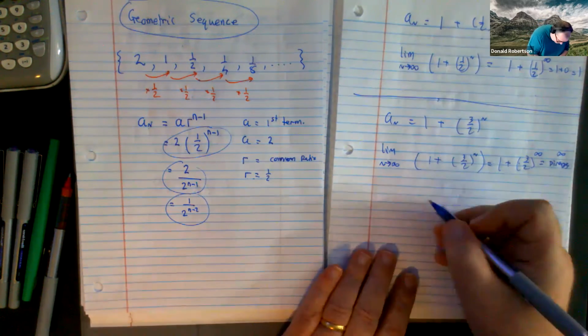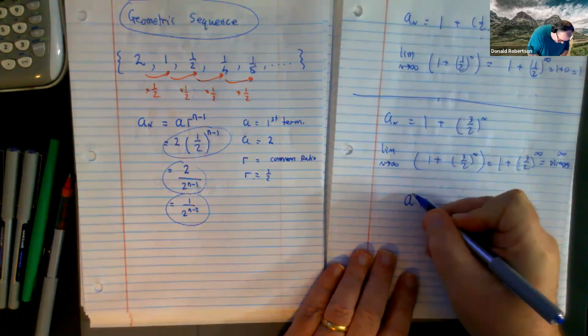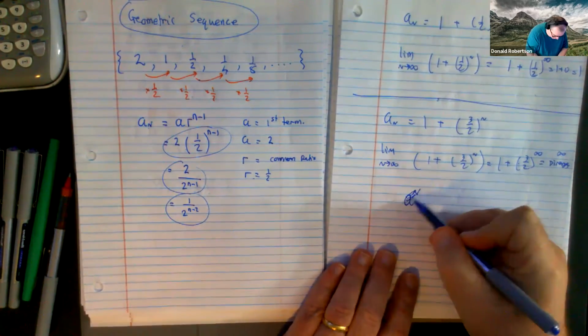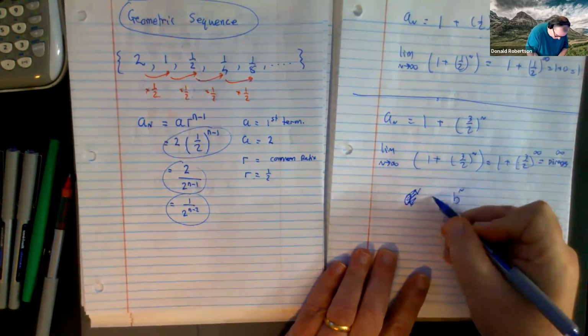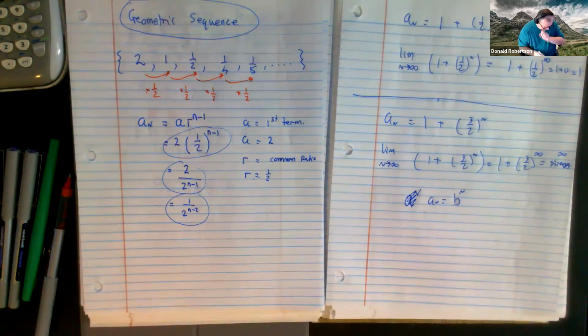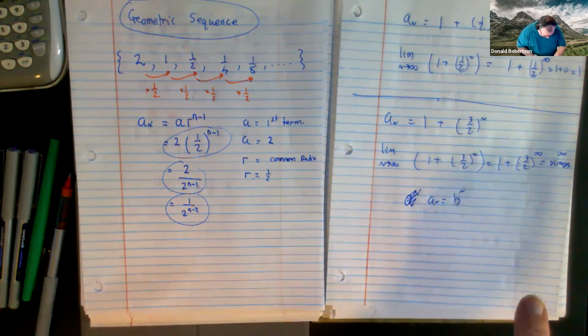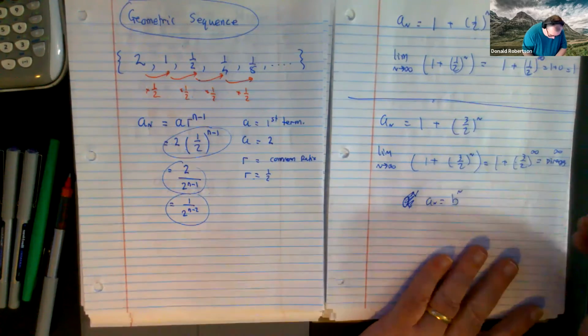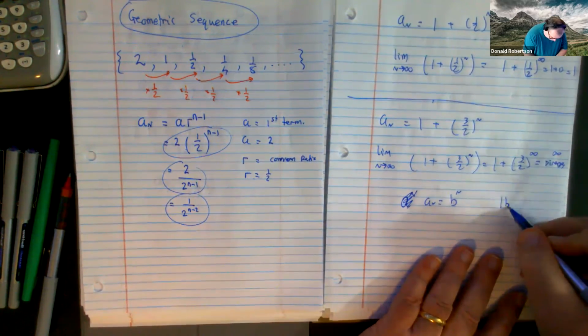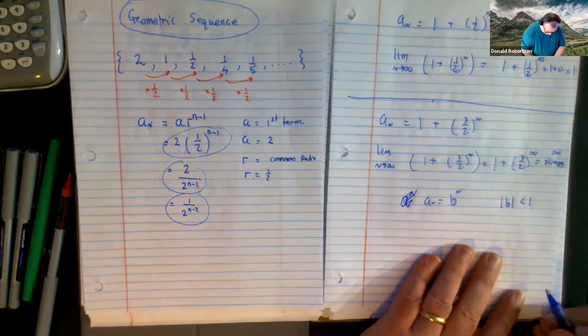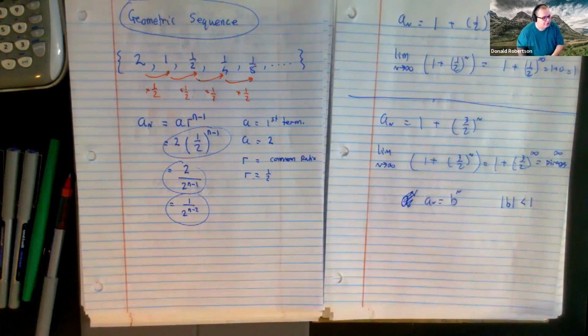So if you have, I'll just call it a to the n. Maybe a is a bad choice. b to the n, right? So if I have a sequence b to the n, and there's other stuff there, but there's a b to the n in it, can we make the conclusion that if the absolute value of b is less than 1, it will converge?